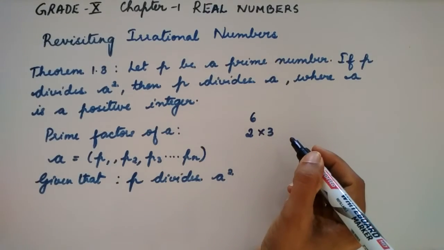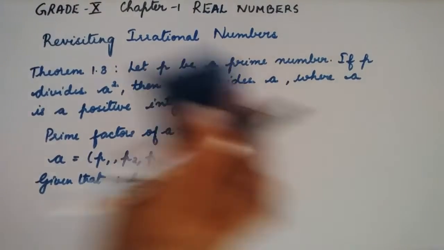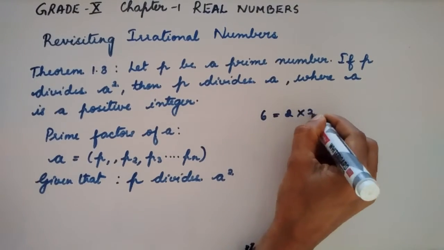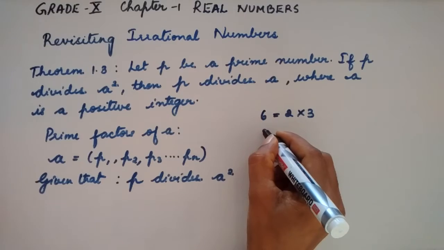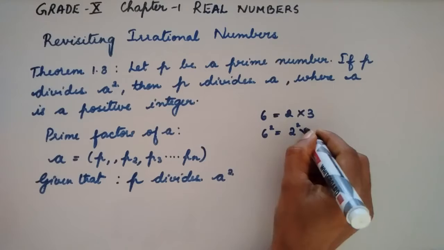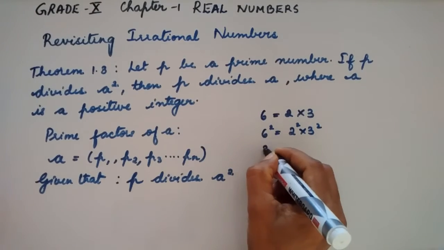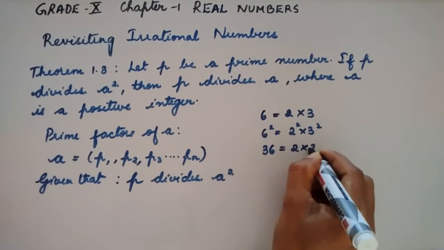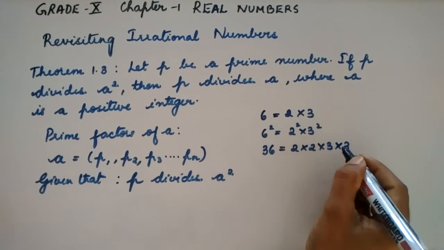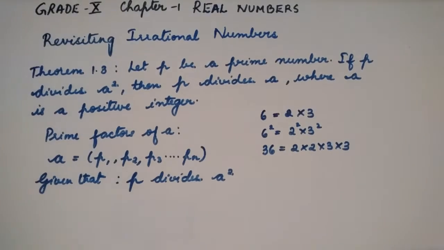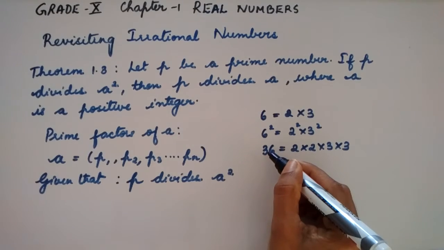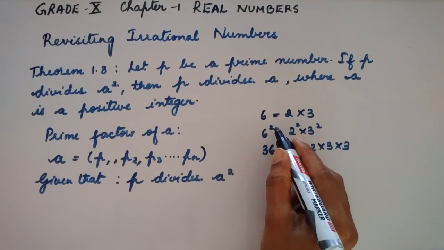And here the prime factors of 6 are 2 into 3. So both sides squaring, we get 6 square is equal to 2 square into 3 square. So here it will be 36, which is equal to 2 into 2 into 3 into 3. So 2 2s are 4, 3 3s are 9, so 4 9s are 36, isn't it? Yes. So these are the prime factors of 36, that is 6 square.